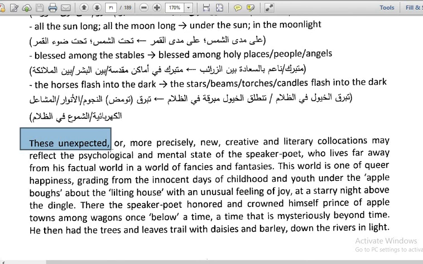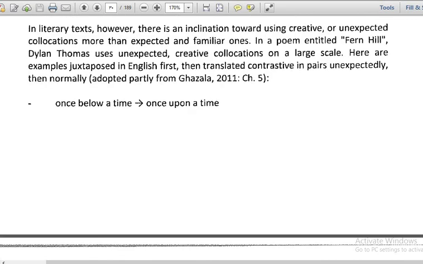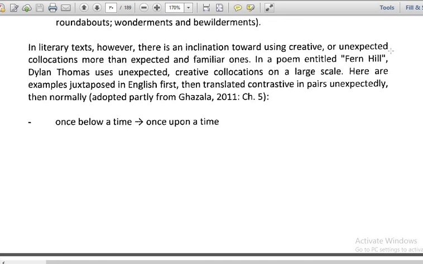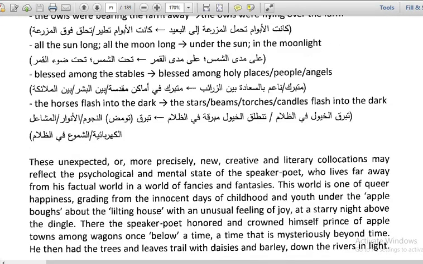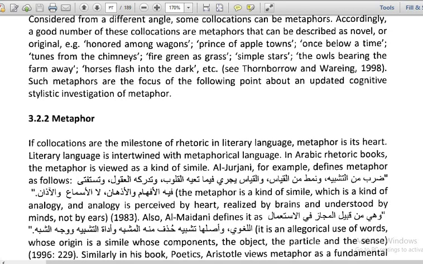The world is one of queer happiness, grading from the innocent days of childhood and youth under the apple boughs about the Lilting House. All of these examples can be found in a poem entitled Fern Hill by the poet Dylan Thomas. So you need to support examples from this poem translated as in the book.